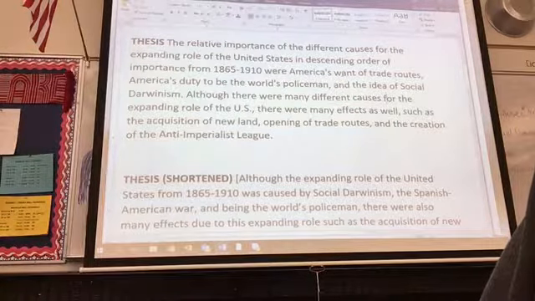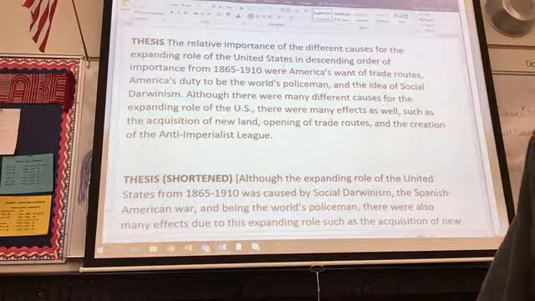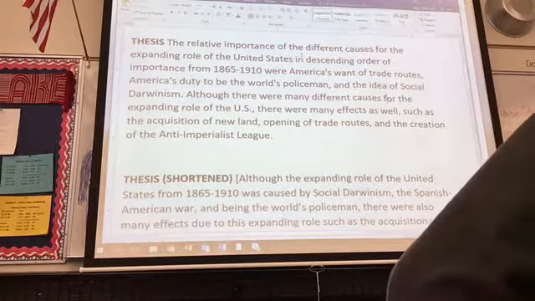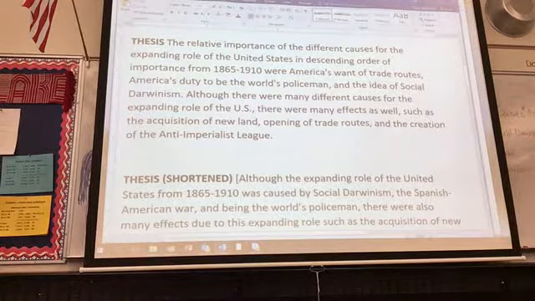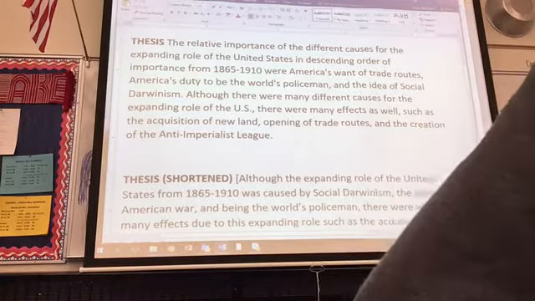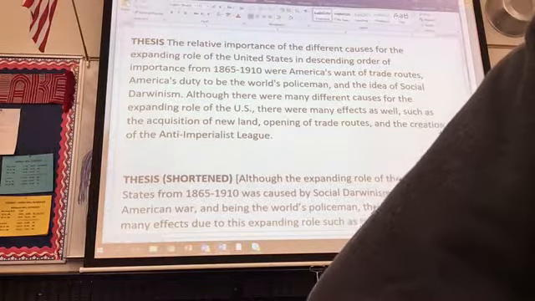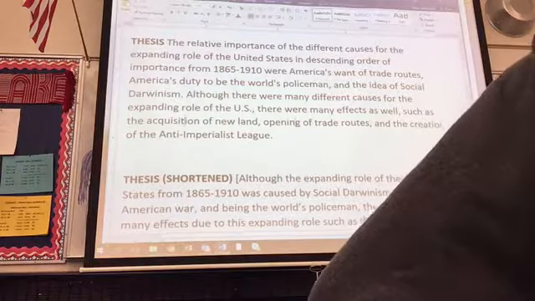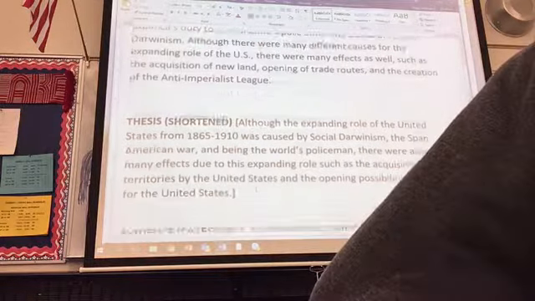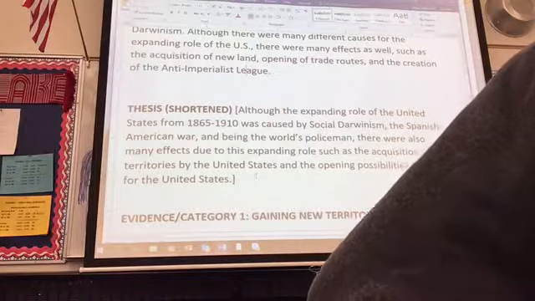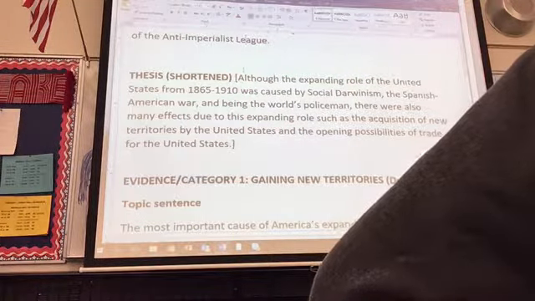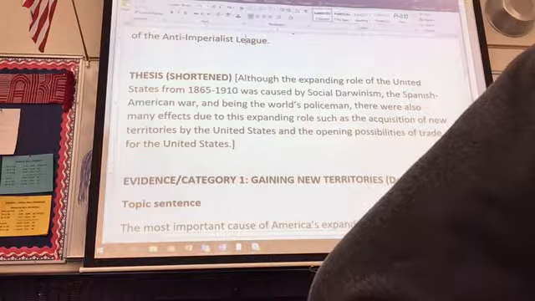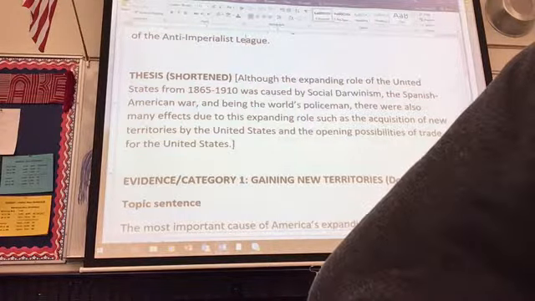You could also say the most important was America's want of trade routes, whatever it could be. And then you see they go evidence 1, so category 1, 2, and 3. Although there were many different causes for the role, there were also many effects such as 1, 2, and 3. Now, if you chose to not say this word relative importance, this is a shortened version where it just says, although, and they use language of the question, and they go through the different pieces of evidence. That's up to you, how you want to individually do it.